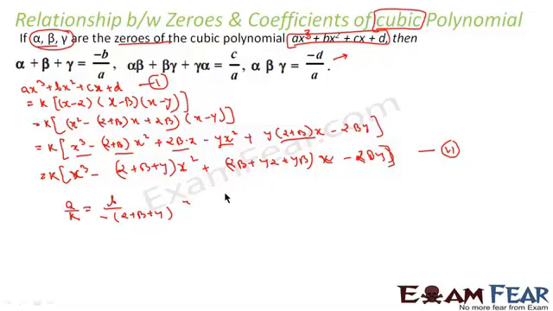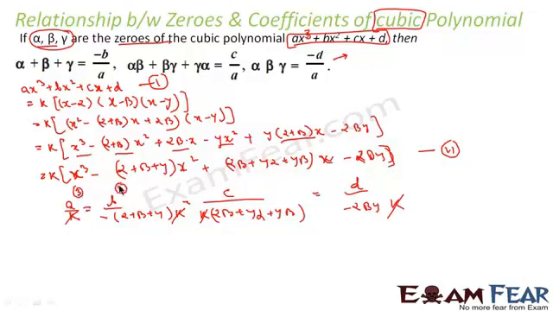This is equal to c by alpha beta plus gamma alpha plus gamma beta, and d, the constant term, by minus alpha beta gamma. Since k is a product everywhere, we can cancel k to keep things simple. Let's call these equations 3, 4, 5 and 6.